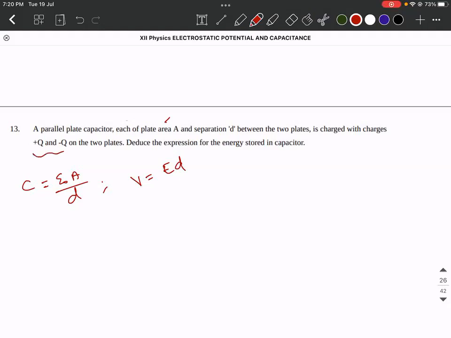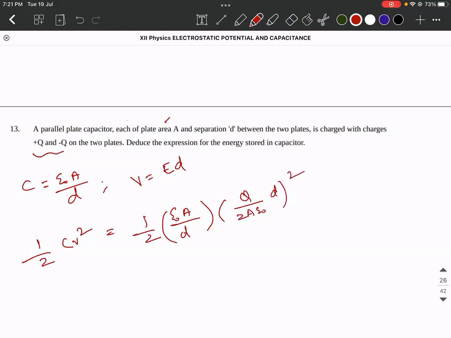They want it in terms of Q, no? So energy is half CV square. Half into C, which is epsilon naught A divided by D, into V, which is E into D, squared. But what is E? Sigma by 2 epsilon naught. So sigma is Q by A.